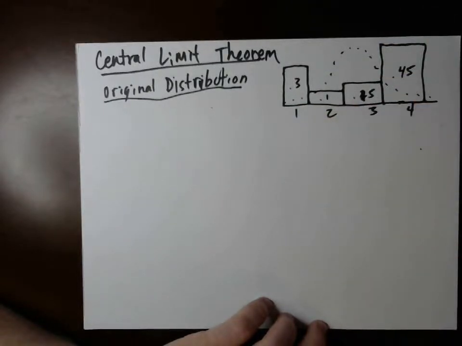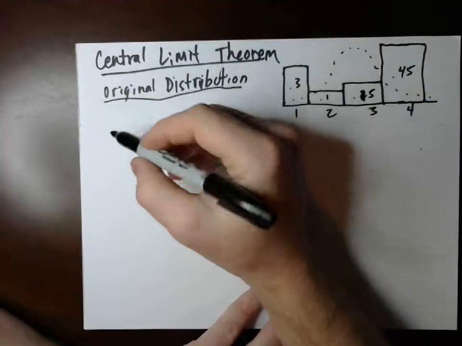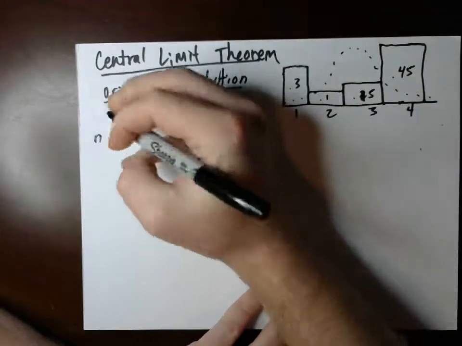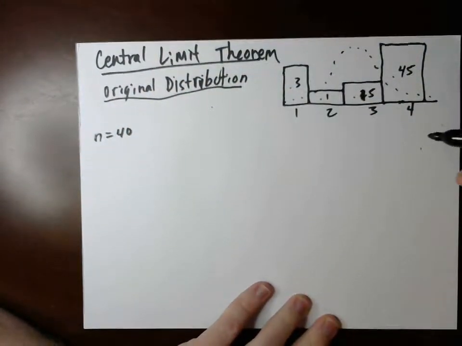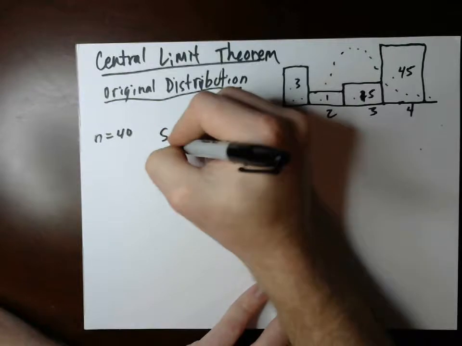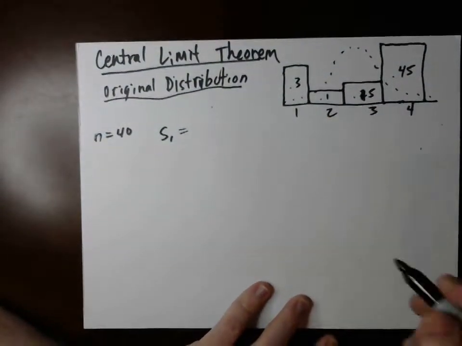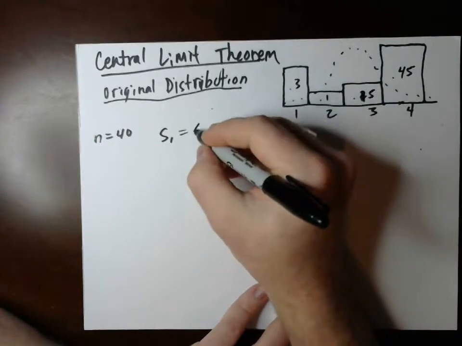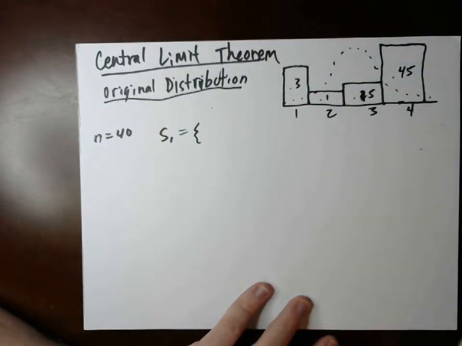This is non-normal. So what's interesting is, let's just say that we took a sample size of n equals 40 from this. So let's just say S1, our first sampling from this, we gathered up 40 different values from this. So the possible values are 1, 2, 3, and 4.